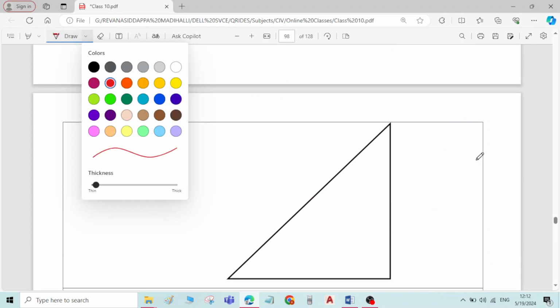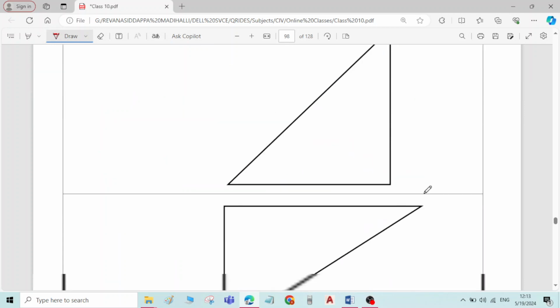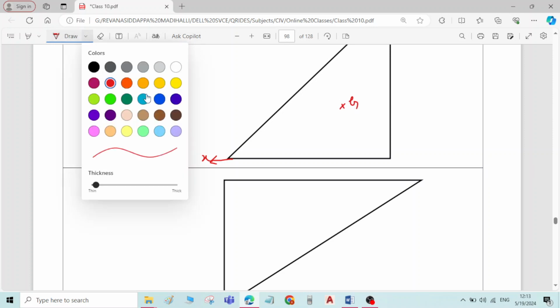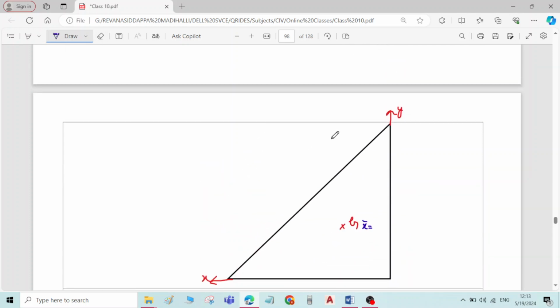Now here the orientation is changed. I'll take the reference axis here, reference y axis and reference x axis. If G is the centroid, the formula for x bar, see, this is in the second quadrant, right angle triangle.